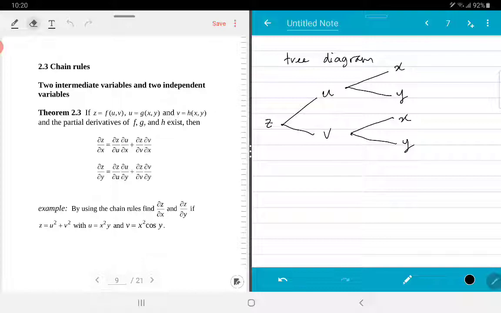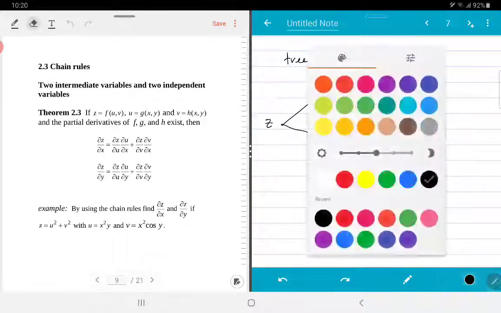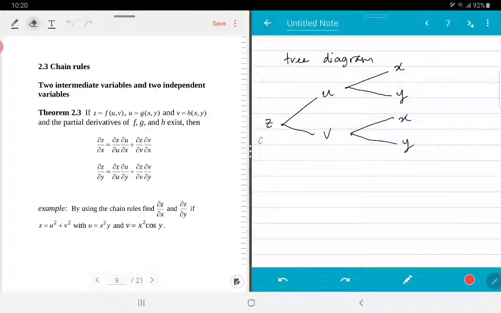So now when you look on your far left, we have z here. z is what we call the dependent variable. Now when you look on the far right, we have two variables, x and y. So here we have two x's and two y's.